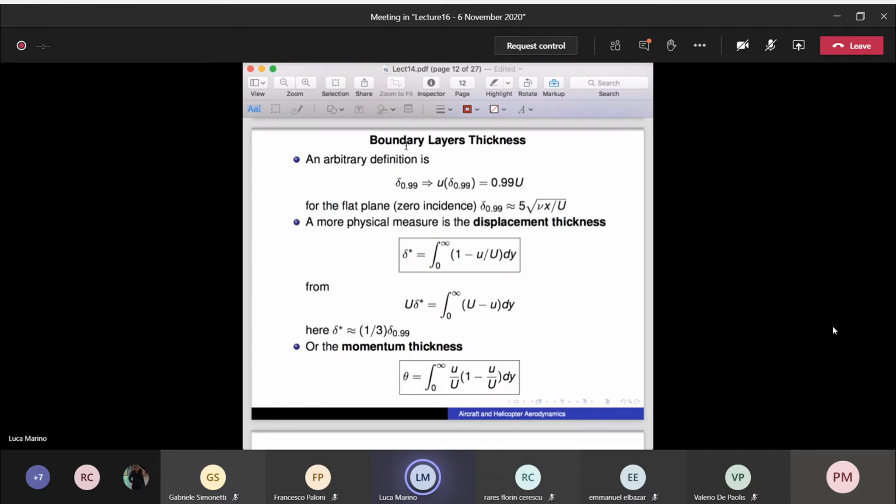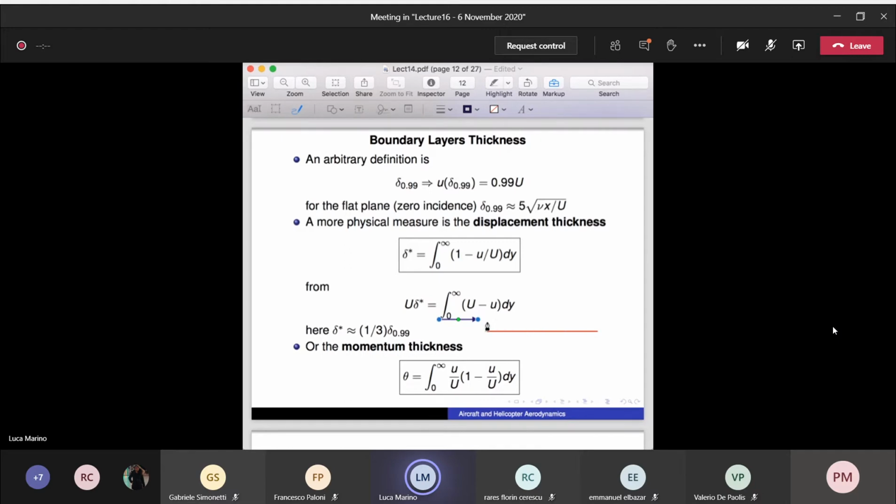Now imagine that, this is the surface of the body, okay? Imagine that we do not have a boundary layer, and we have an external flow which is coming in this direction, okay, parallel to this flat plate at an incidence which is equal to 0.